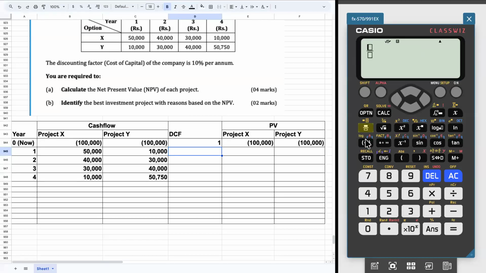So let's calculate it. 1 over 1 plus R means the discounting factor, the cost of capital is 10%. So put it in the bracket. That is 10%, so it means 1.1. If you put power 1, that's for the first year. It will give you 0.900.